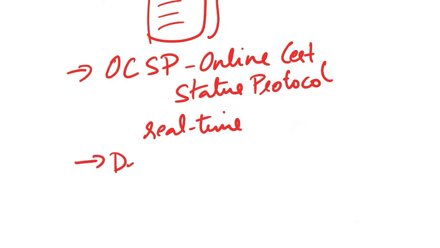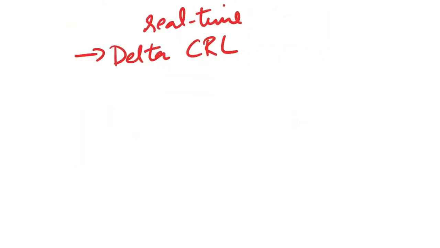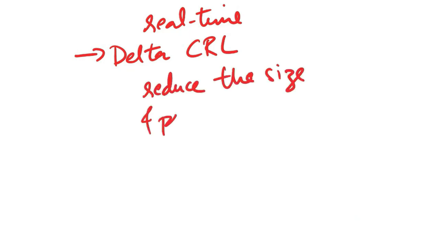There is also something called as Delta CRL. Delta CRL is a variation of the standard CRL. It contains a list of certificates that have been revoked since the last full CRL was issued. Delta CRLs are used to reduce the size and processing requirements when checking for revoked certificates.